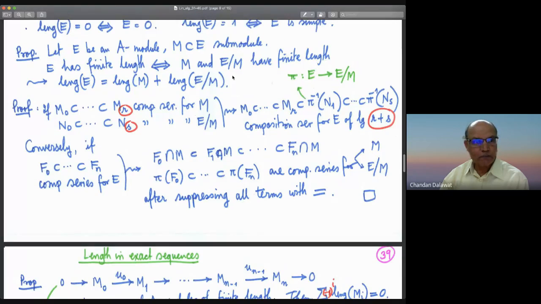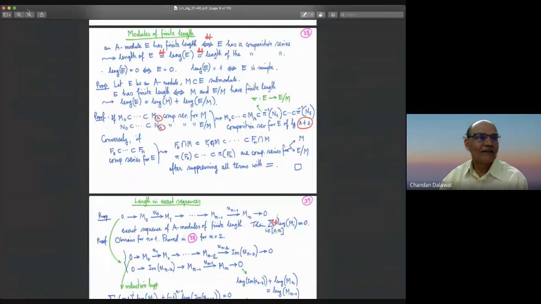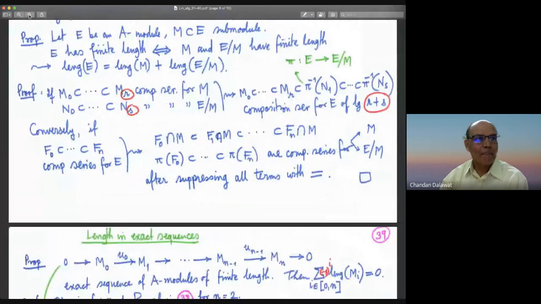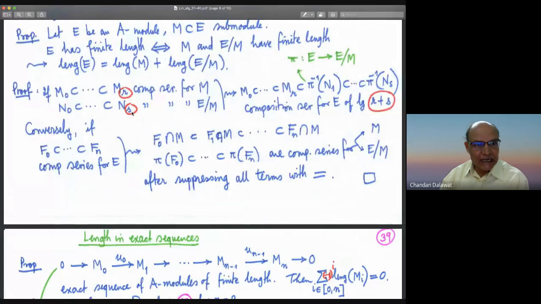So how do I prove this? Let me prove that if M and E modulo M have finite length, then E has finite length, and the length is the sum of the lengths of M and E modulo M. Okay, so by hypothesis, M has a composition series M0 up to MR, and E modulo M also has a composition series, N0 to NS.